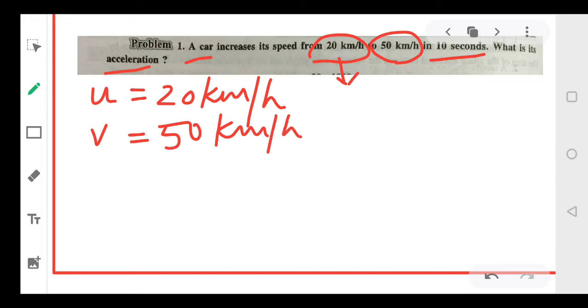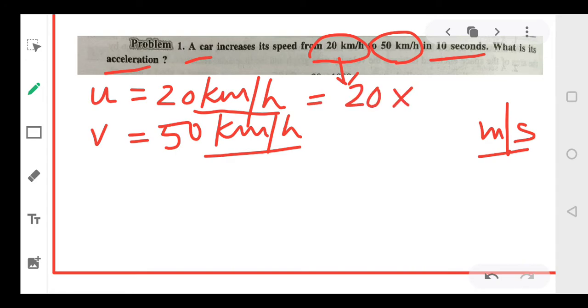Now tell me, what is the SI unit of velocity? The SI unit is meter per second. But your velocity is given in kilometer per hour, so you need to convert it into meter per second. So 20 multiplied with 5 by 18. Why are we doing it with 5 by 18?